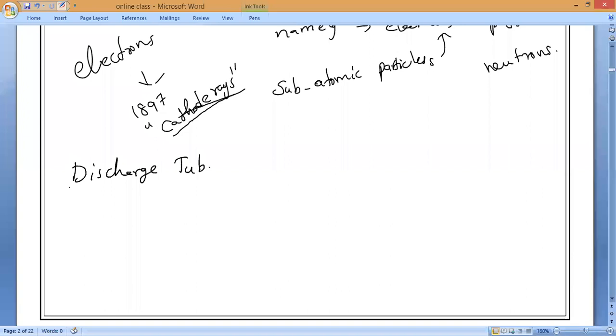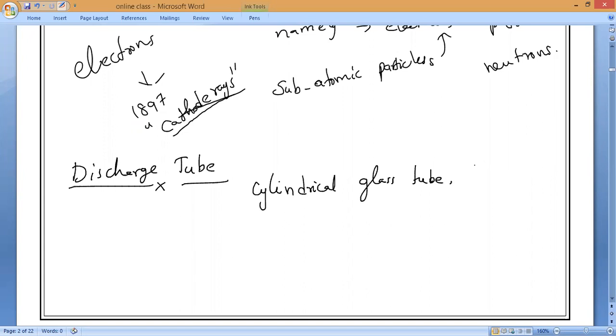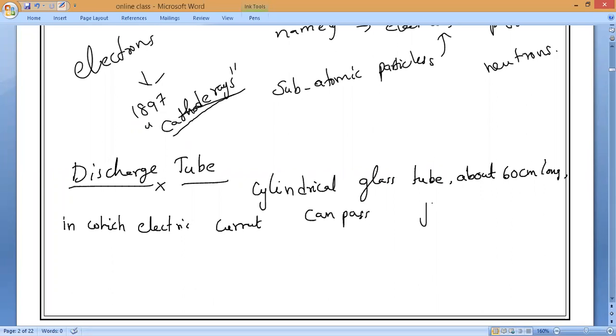Do you remember that picture? What is a discharge tube, everybody? It is a cylindrical glass tube about 60 centimeter long, in which electric current can pass through gases under very low pressure.